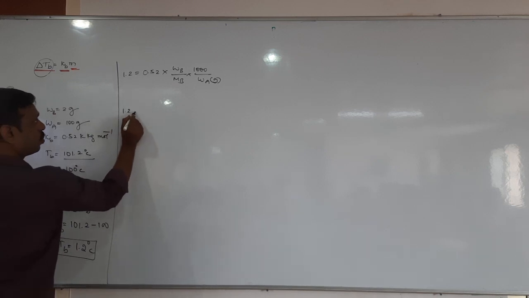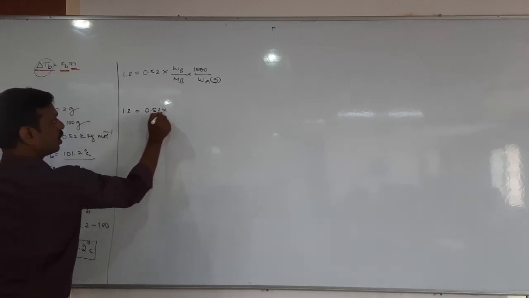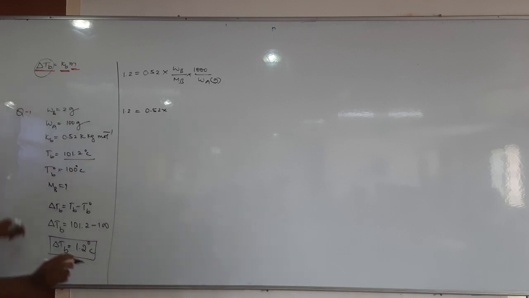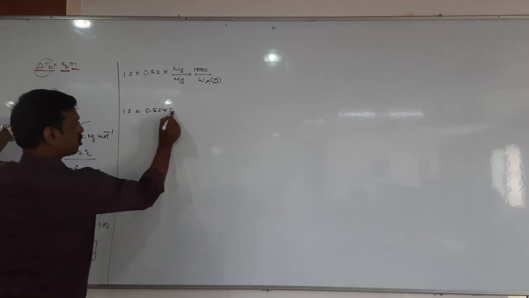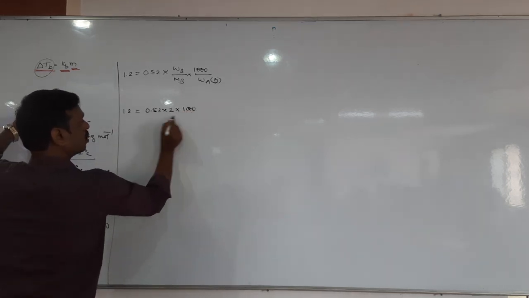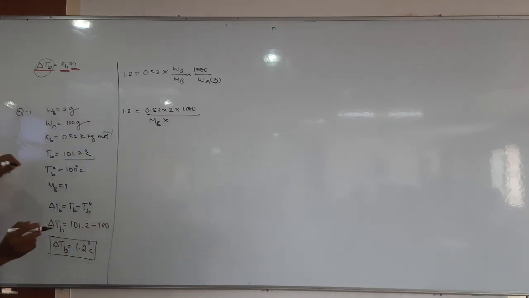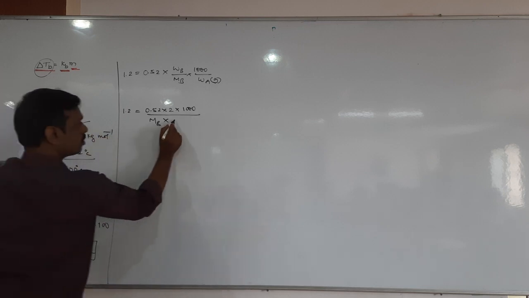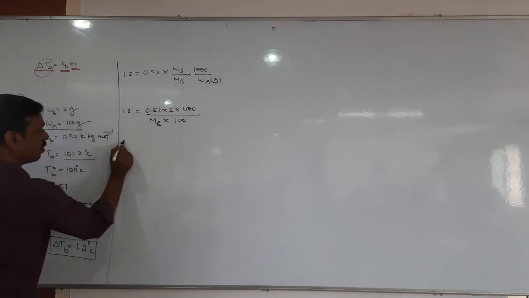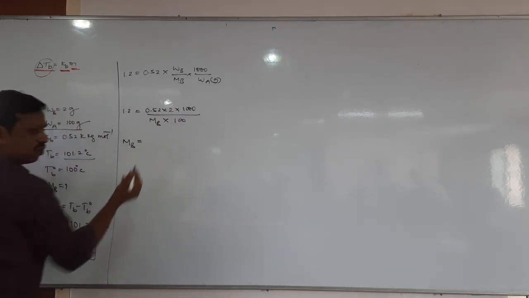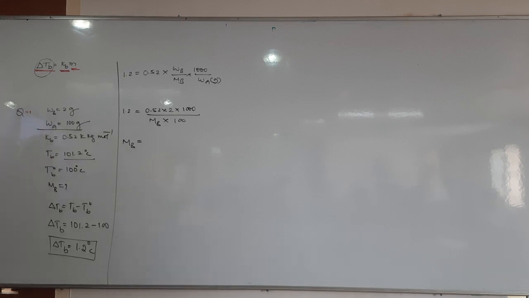Then 1.2 equals 0.52 into Wb. How many grams of the solute? 2 grams into 1000 divided by MB, into WA. How many grams of the solvent? 100. So simplify, we will get the molar mass of the solute. It's a very commonly asked question.